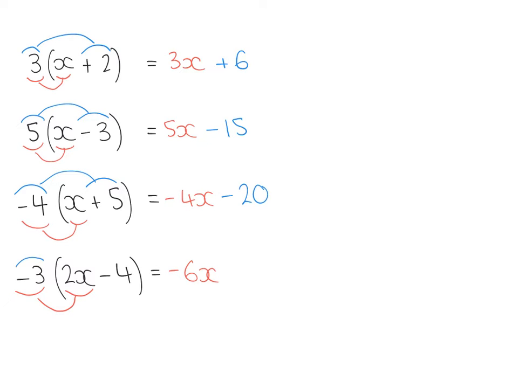We then do minus 3 multiplied by minus 4. A minus multiplied by a minus, they both have the same sign, so that gives us a positive answer. 3 times 4 gives us 12. Okay, a couple for me to write down that you're going to have a go at.